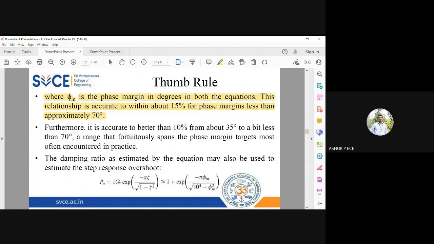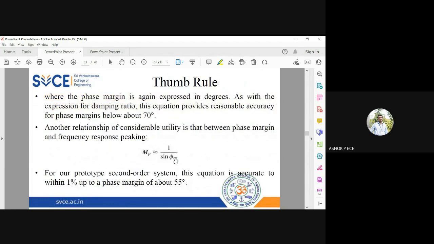In the same way, I can relate maximum overshoot and phase margin using this relation. Again, phase margin is given in degrees, and I can find P naught, the peak value of the signal. And I can even find the relation between the maximum frequency peaking and phase margin.